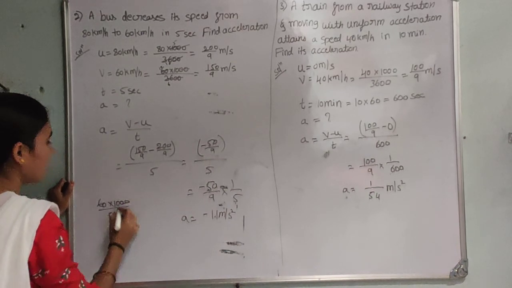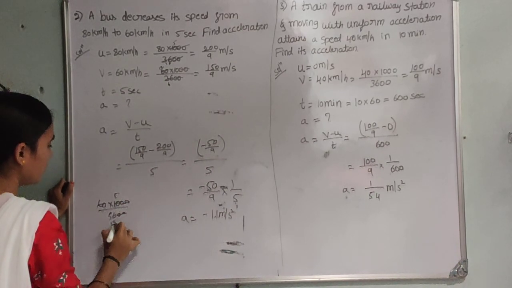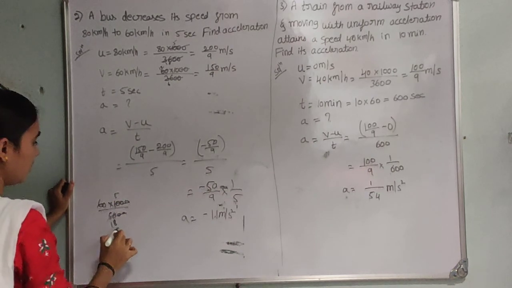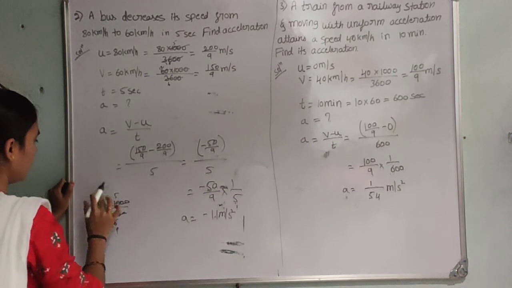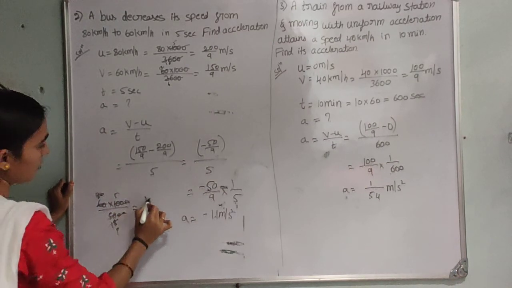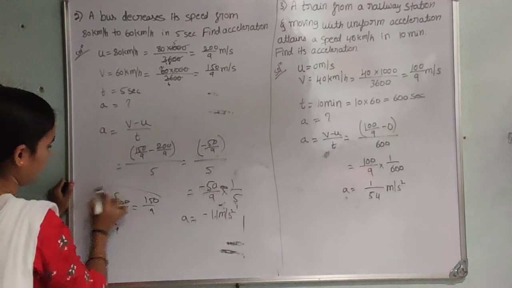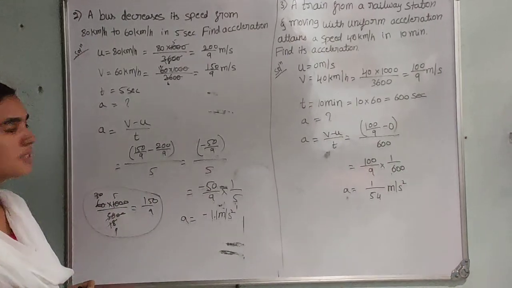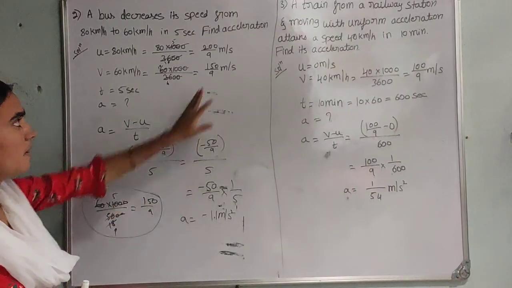The two zeros cancel, and after further cancellation we get 100 by 6. For our convenience I wrote it as 150 by 9, since 5 into 30 is 150 divided by 9.